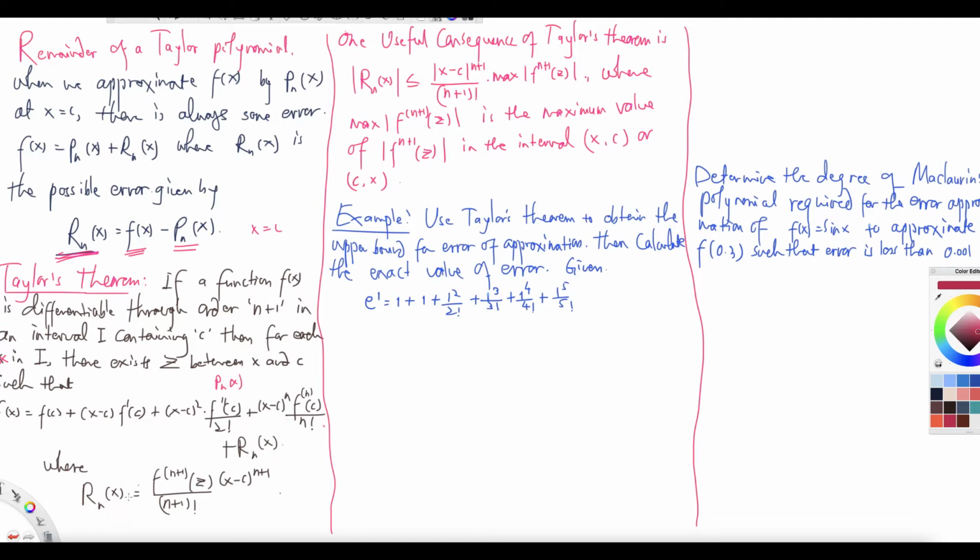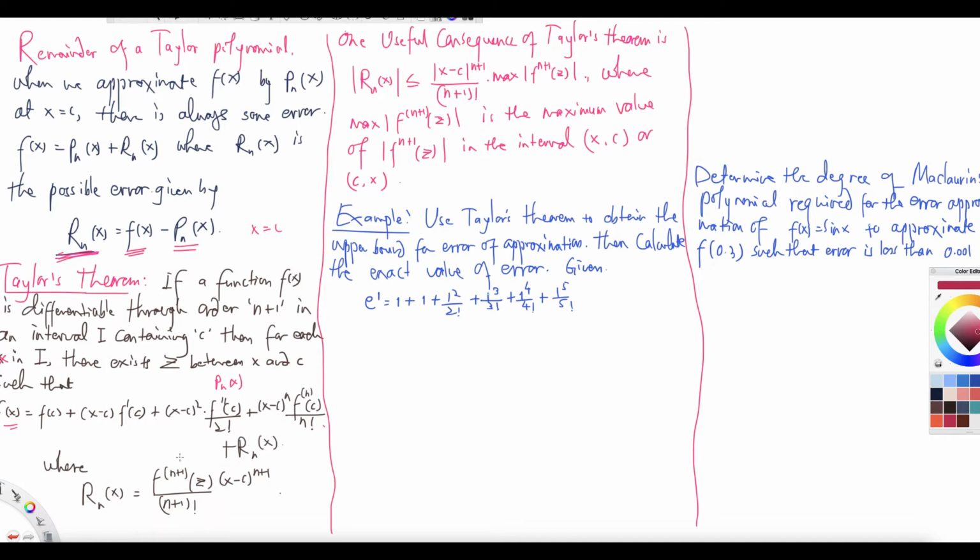The remainder can be calculated by the (n+1)th derivative of the function f(x) at g, times (x minus c) to the n plus 1, divided by (n+1) factorial. That is the formula for the remainder.